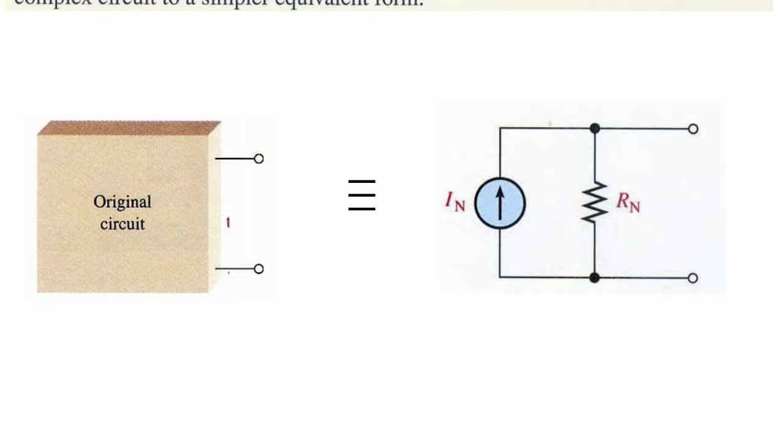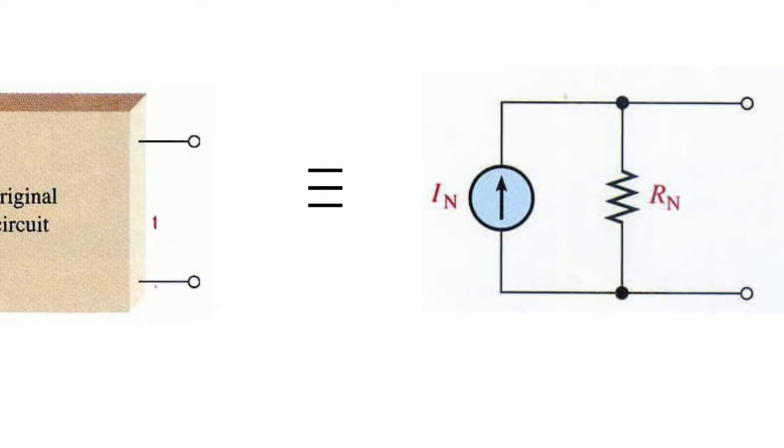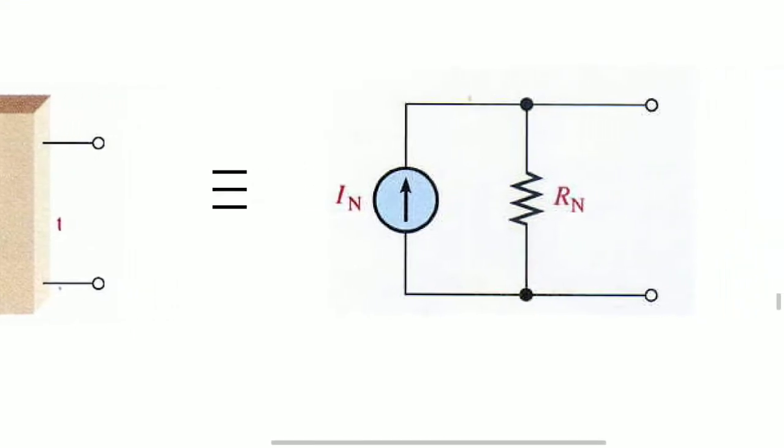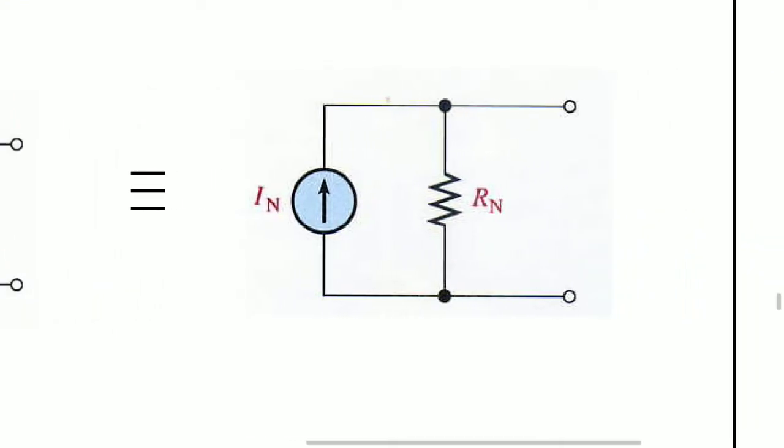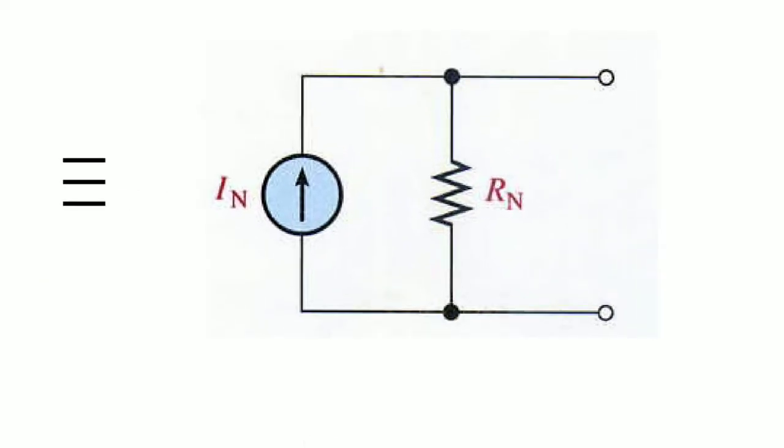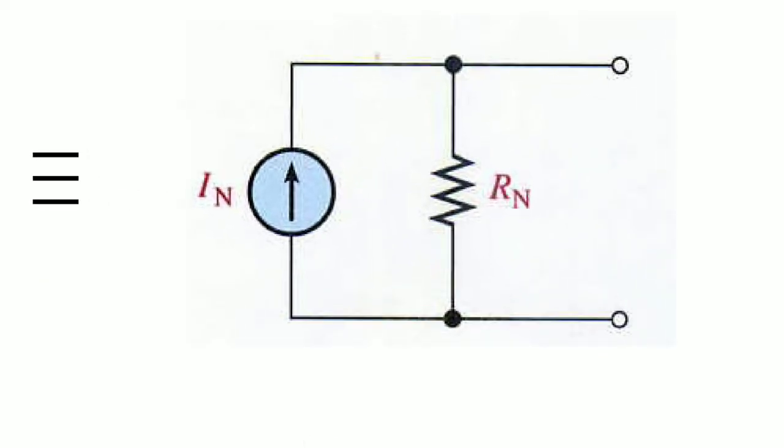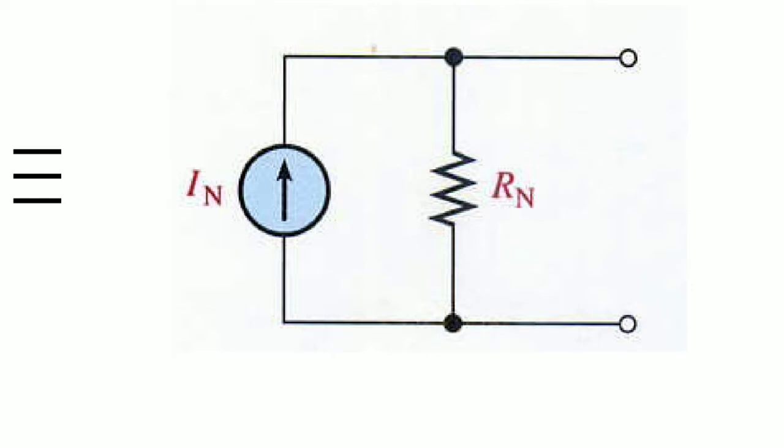Here, see this one. We are seeing a current source and an equivalent resistance and two terminals.